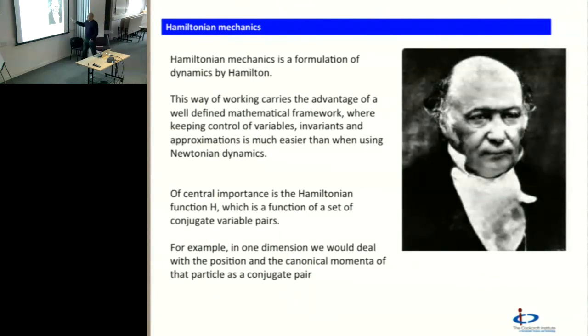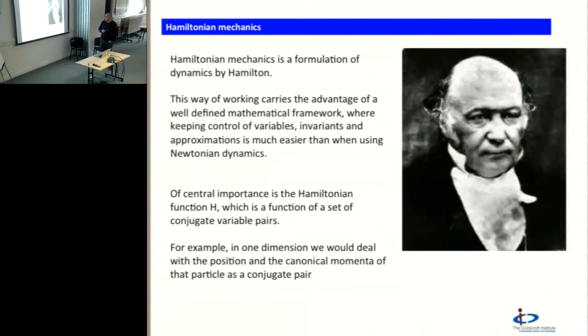So essential importance in this framework is a thing called the Hamiltonian, which plays the role of the force, which is a function of a set of pairs of conjugate variables. So for example, in one dimension, we have the position, and conjugate to position is momentum. So this forms a pair of variables, and the Hamiltonian is then a function of these pair of variables.